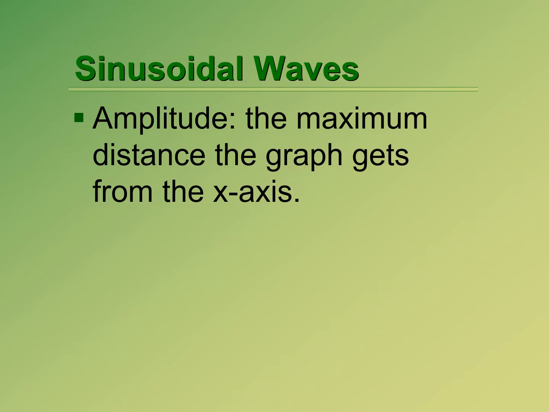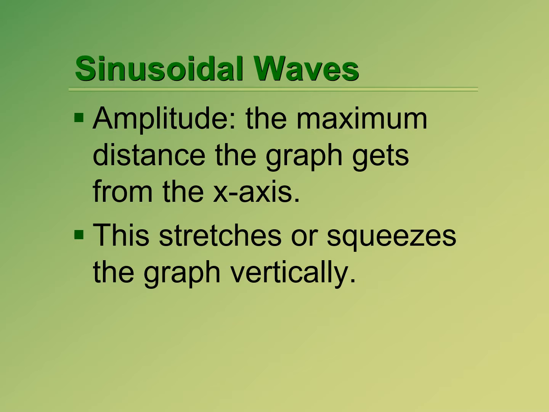So amplitude is the maximum distance the graph can get away from the x-axis. This is how tall the wave can be. This stretches or squeezes the graph vertically. So amplitude is a distance, and because it's a distance, we are not going to worry about the negative in front of the number.